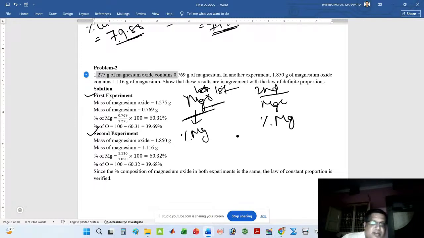Let me explain. If you read the question, 1.275 gram of magnesium oxide contains 0.7969 gram of magnesium. That means in the first experiment, mass of magnesium oxide is 1.275 gram. Mass of magnesium is 0.7769 gram. Then percentage of magnesium is weight of the magnesium divided by weight of the magnesium oxide.